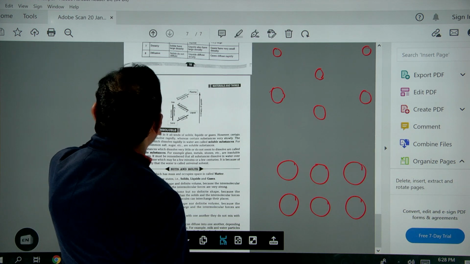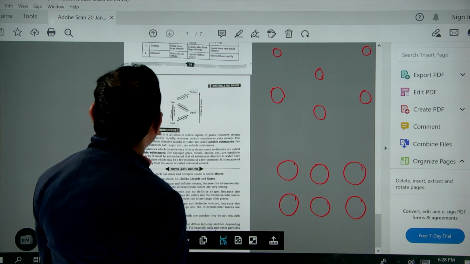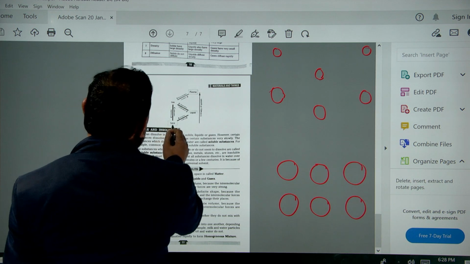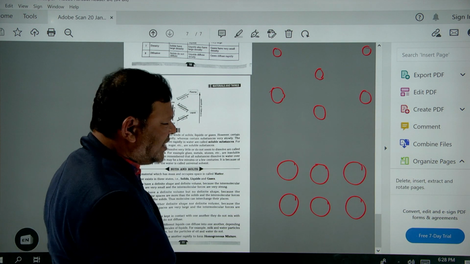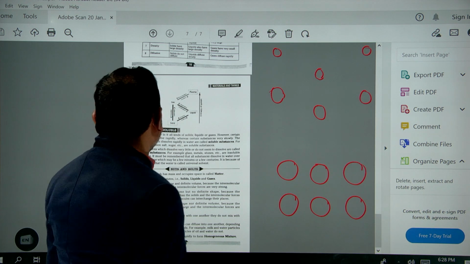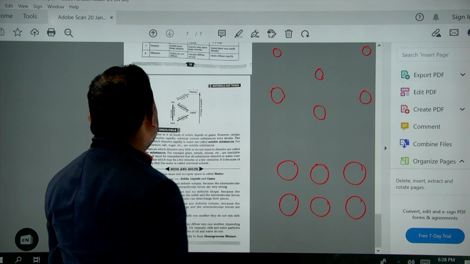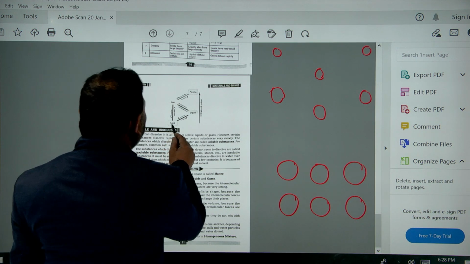Next, matter is present in three states: solid, liquid, and gas. If you apply heat to a solid, it changes into a liquid.